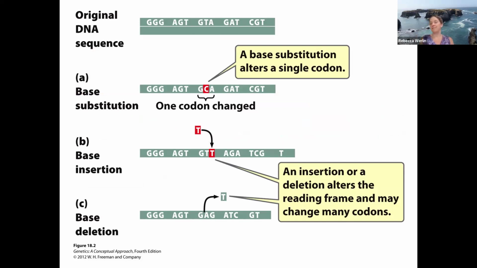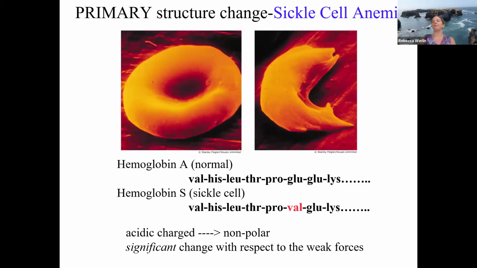And that all kind of depends on which polymerase is polymerizing, what region of the DNA is being polymerized. Is it repetitive? Is it not repetitive? So there's a lot of really fiddly little things that feed into what kind of mutation is more likely than others. So we're going to talk about a very common mutation that gives rise to sickle cell anemia.